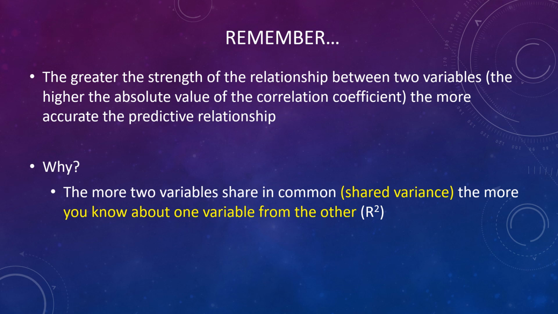Well, the more two variables have in common, we talked about that shared variance, that kind of tricky one, the more you know about one variable from the other. And there's that R squared again. And so you're going to see how regression models, when we put them together, we talk about explanatory variance or shared variance. How much of this either one x or, in the case of multiple regression, more than one x, how much together do they explain the change that we see in the y variance?